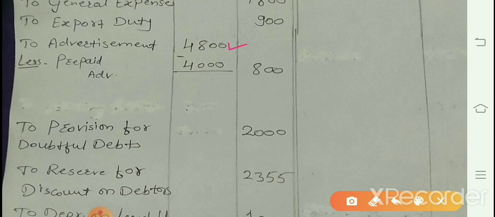This is the amount paid for 3 years, from 1st October 2018. We will have to consider the advertisement from 1st October 2018 to 31st March 2019, that is for 6 months. So 6 months advertisement is 800. That's why we deducted the remaining amount of prepaid advertisement, that is 4000. So this 4000 will appear on the asset side also.